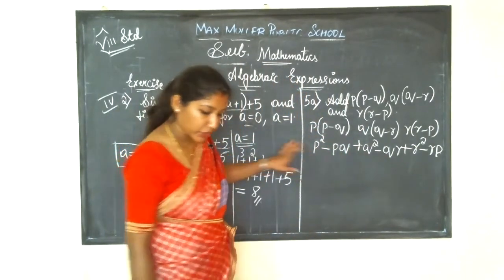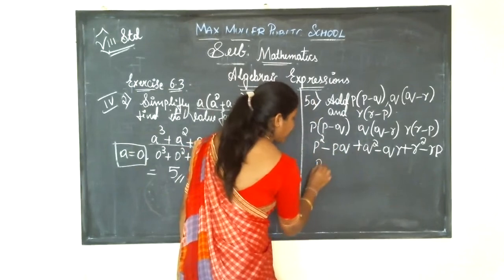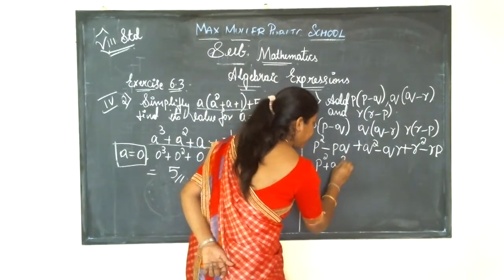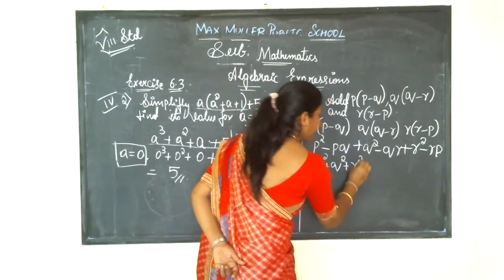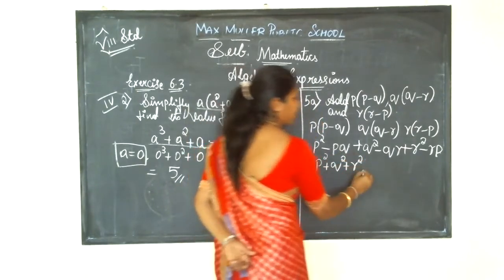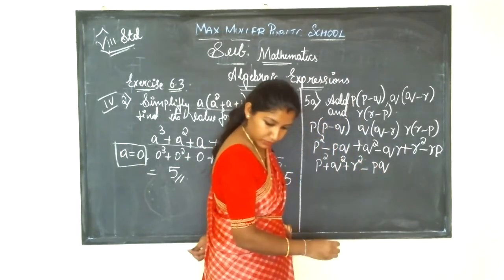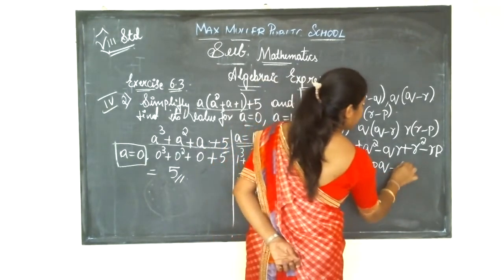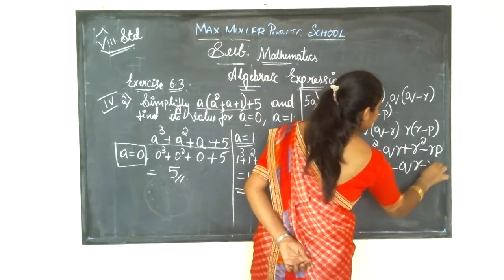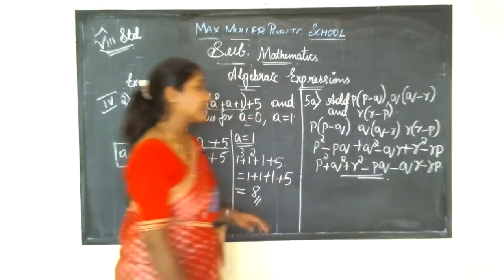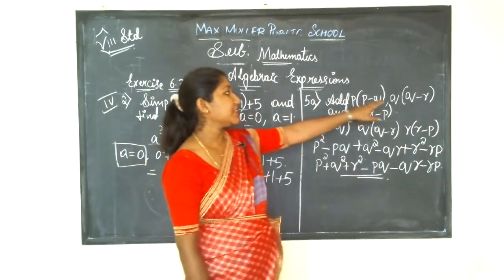Now what you have to do here is write all square terms aside: p square plus q square plus r square. And finally you can write minus pq minus qr minus rp. Understood? This will be your final expression after multiplying and adding these things.